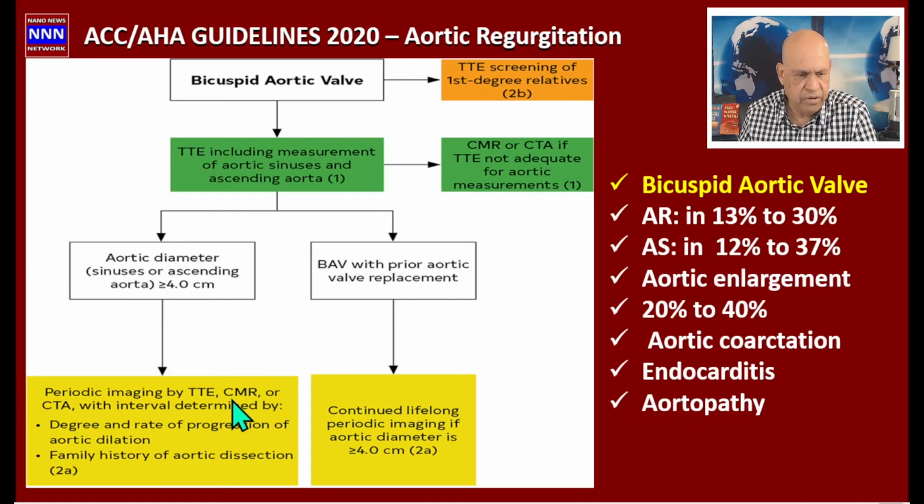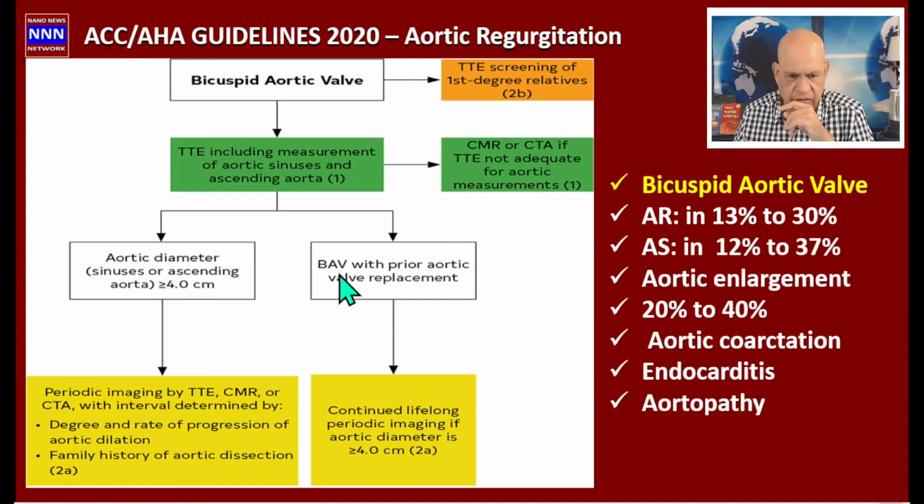And to this, we can add CTA and CMR to give us much more accurate information about the aortic root size, aortic sinus junction size, ascending aortic size, presence of aneurysms and coarctations, among others.